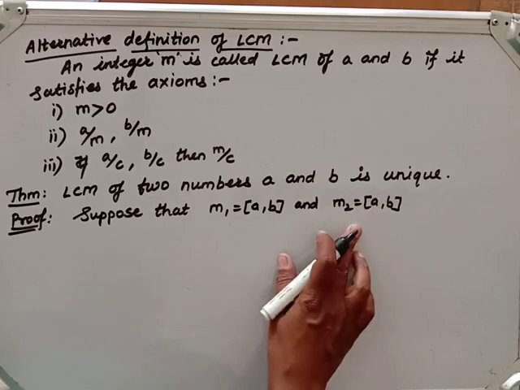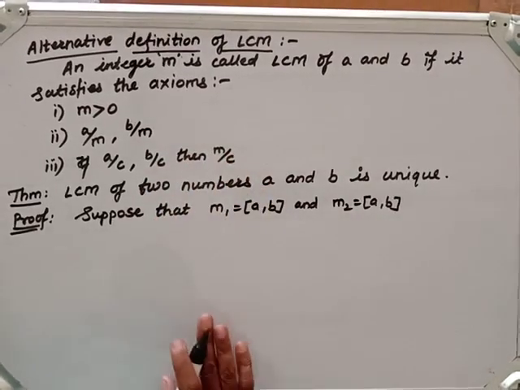Now if these are the LCMs of A and B, then they must satisfy all these three conditions.